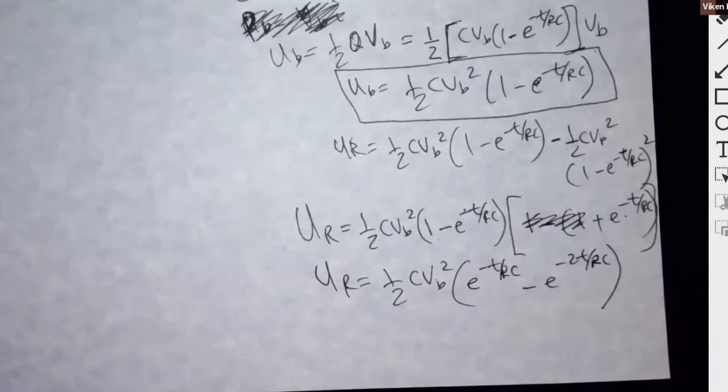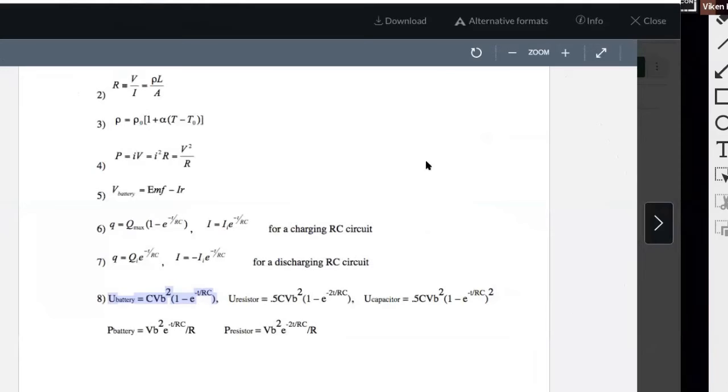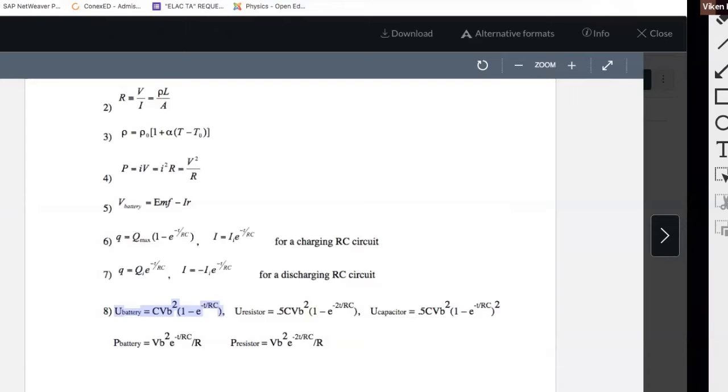Okay. So then you're going to have here, let's see, is that the equation we have? Energy of the capacitor, 0.5 CVB squared. Oh, no, sorry, the resistor, 0.5 CVB squared.